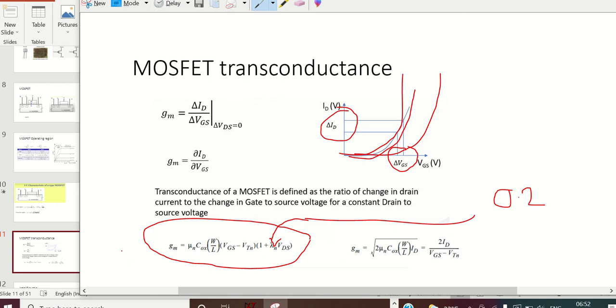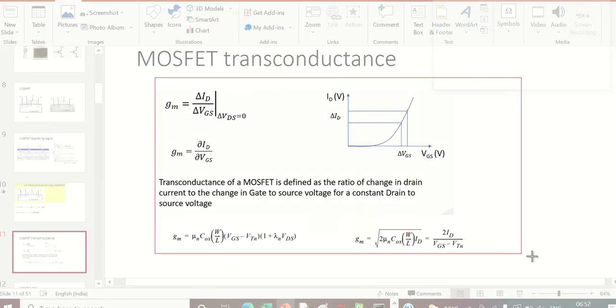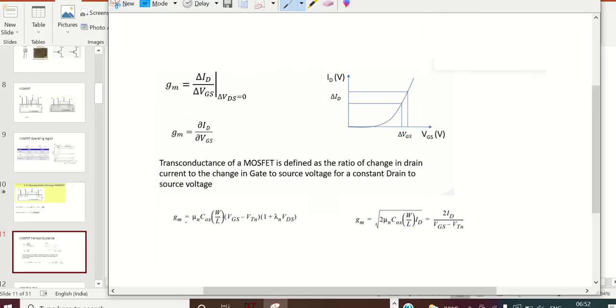But the gm equation is very important. What is that equation? Again we will see. gm is given by mu n Cox W by L, Vgs minus Vt, into 1 by 1 plus lambda times Vds. This is also important.